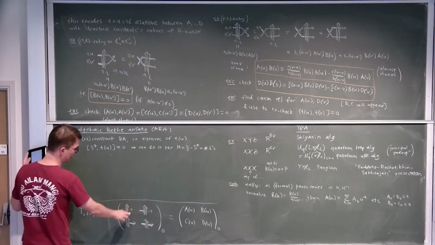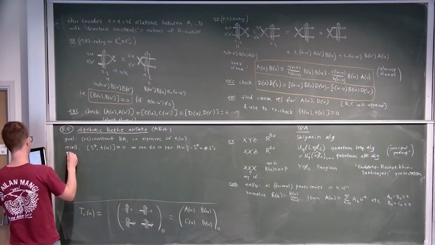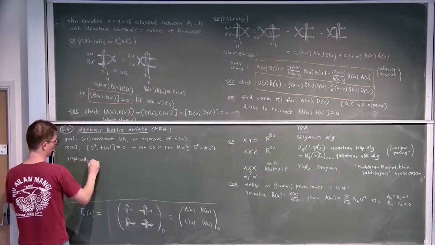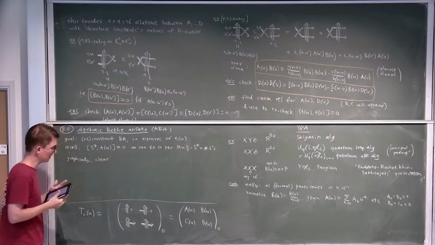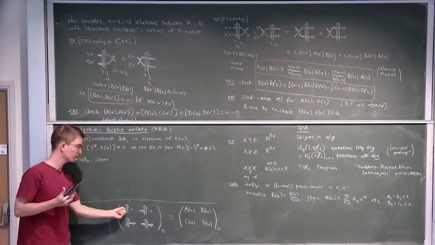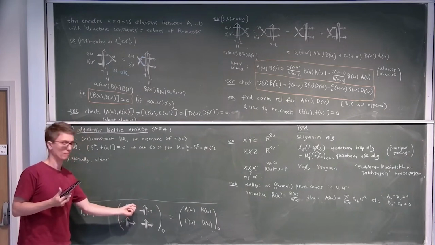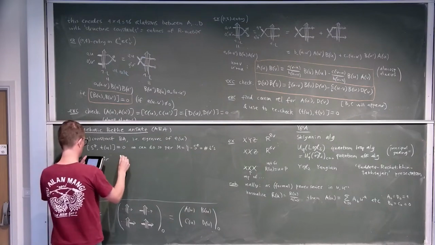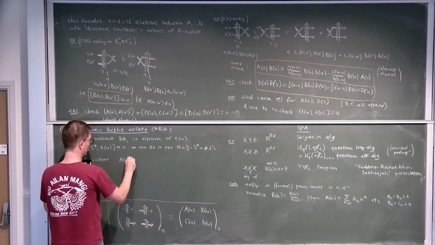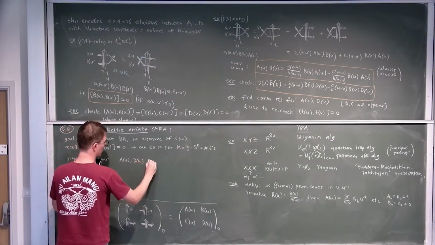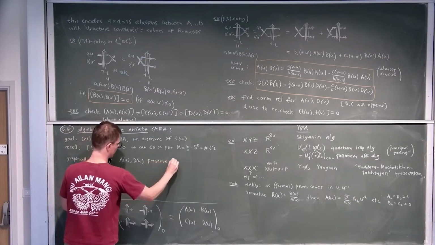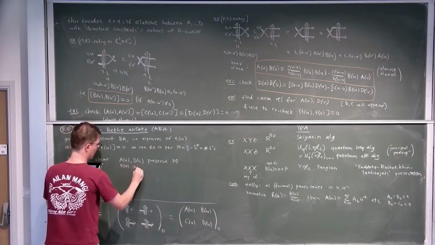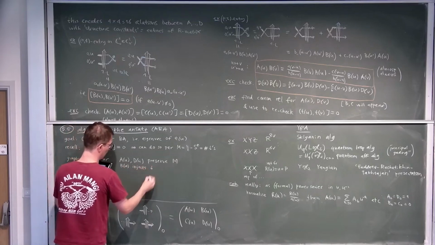So here I still have my A, B, C, D operators drawn. From the graphical notation, it's clear that the A operator inserts a dotted line and then extracts the dotted line. So by the ice rule, it preserves the number of paths that go from the bottom to the top. So it's clear that the A operator and the D operator likewise preserve M, whereas the B operator injects a path or down spin.